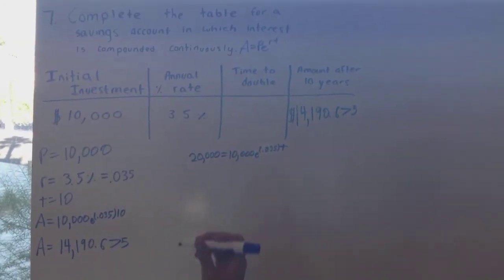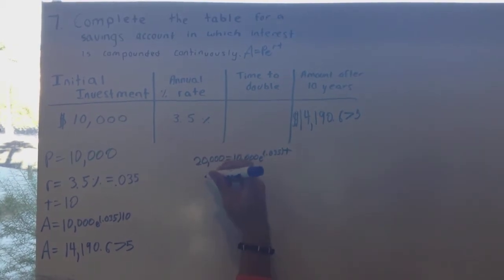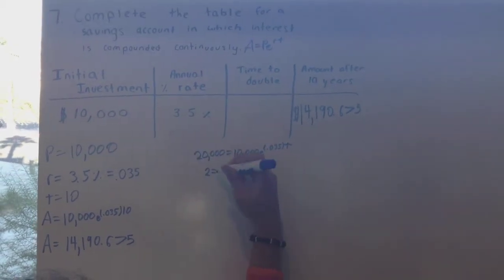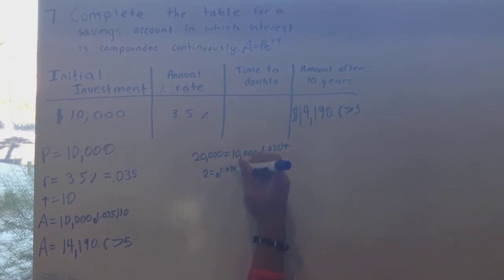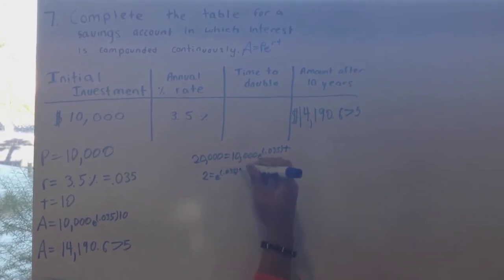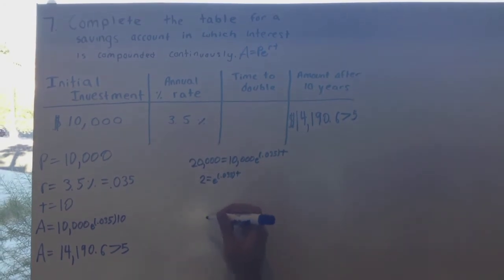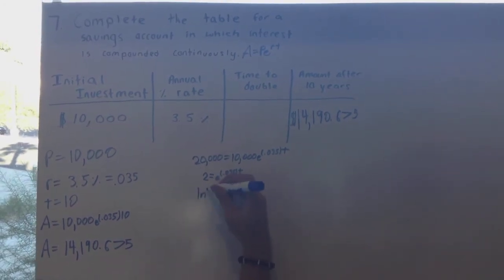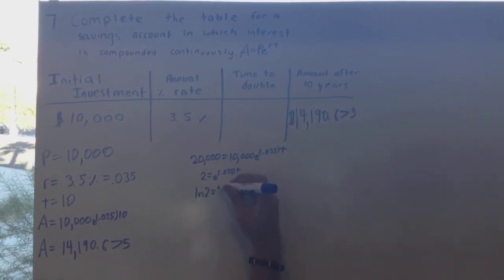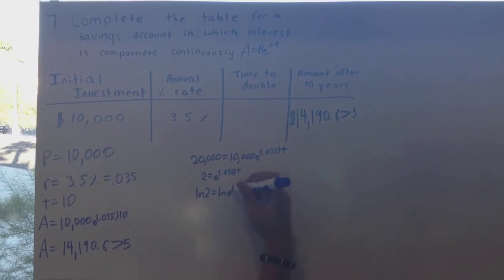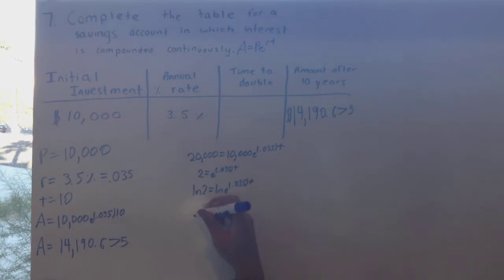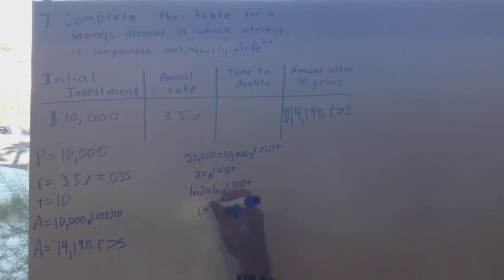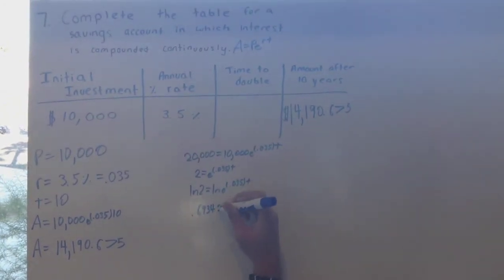First, you want to divide both sides by 10,000. After that, you'd be left with 2 equals e to the 0.035 t. Then you would take the natural log of both sides, leaving you with 0.69314 on the left side and 0.035 t on the other, or x, it doesn't matter what your variable is.